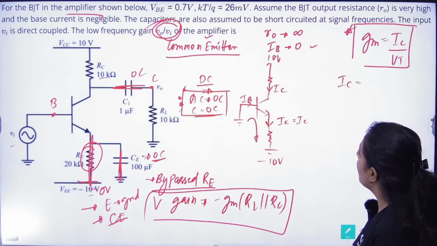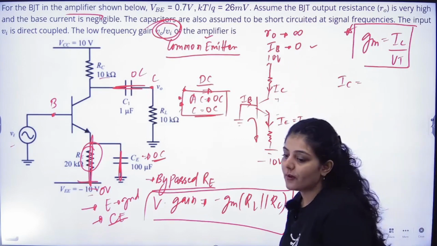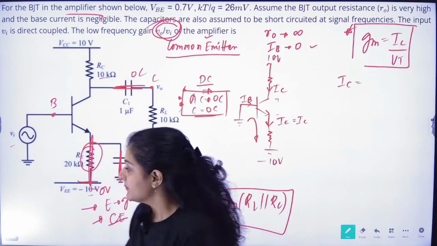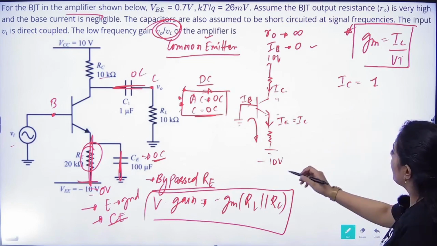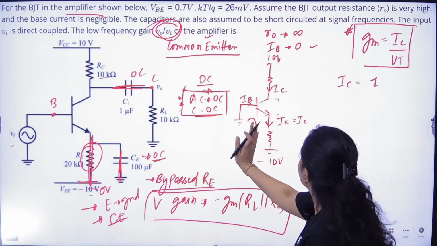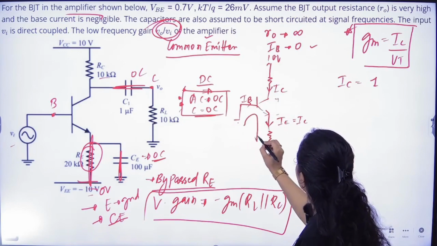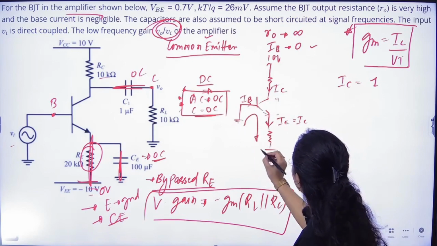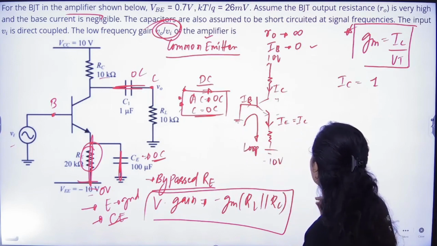IC will be equal to what? The same current is flowing, right? The same current is flowing inside it. So I can easily say that the IC current will be equal to, from voltage it is 10, right? So I can draw a loop here, because this is grounded and this is the supply given to us.